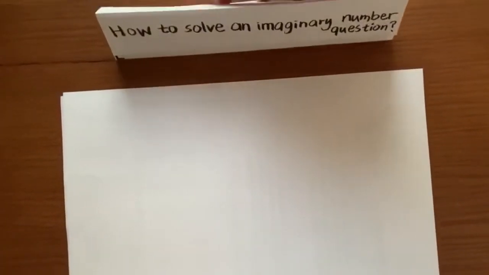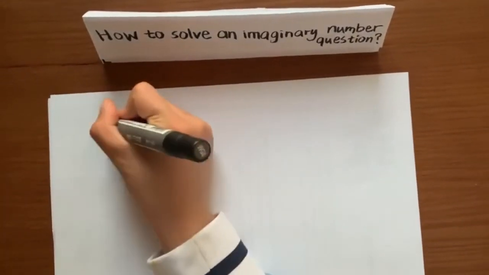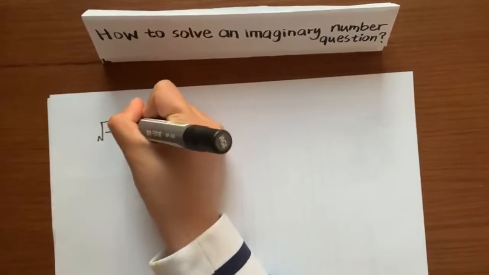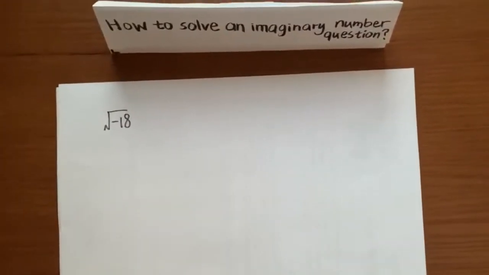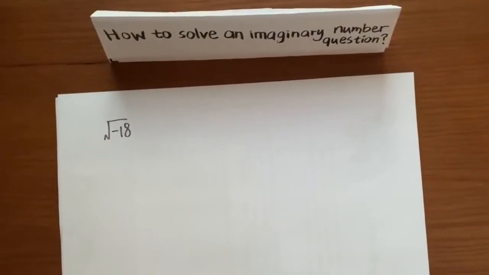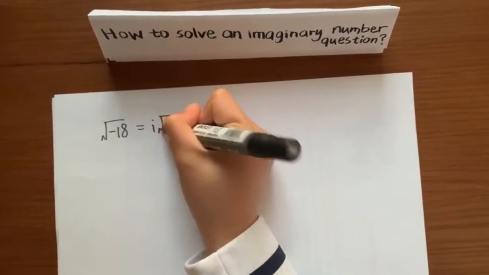Then, how do we solve an imaginary number question? Here is an example. We have to simplify the square root of negative 18. First, we notice that the square root of negative 18 is an imaginary number, since it is the square root of a negative number.